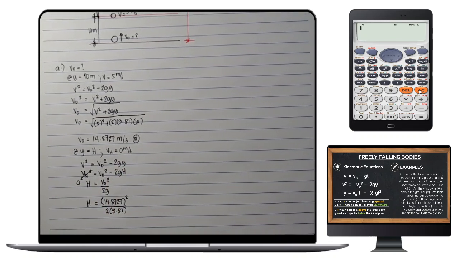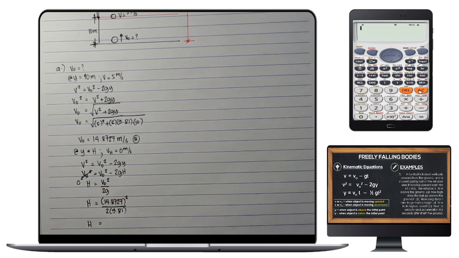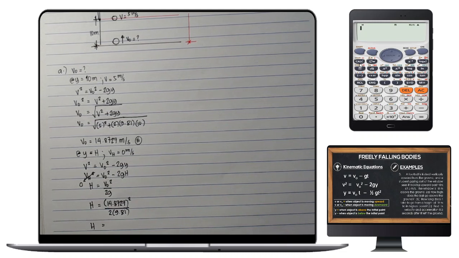So, with that, makukuha na natin yung h, which is equal to, yung nasa A natin, A square over 2 times 9.81.